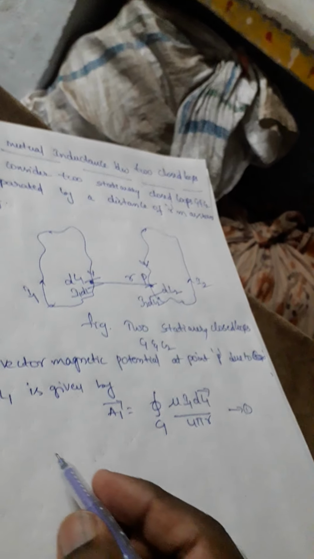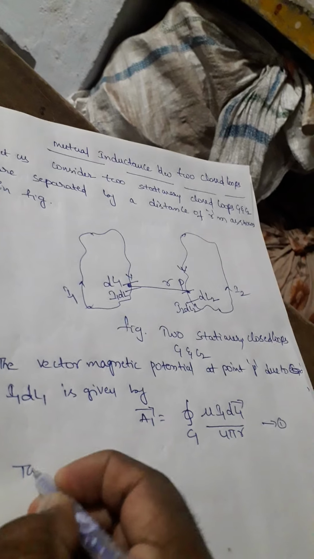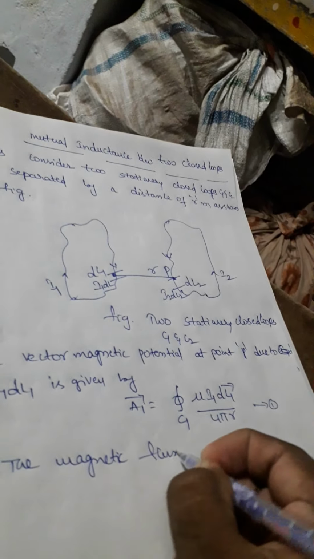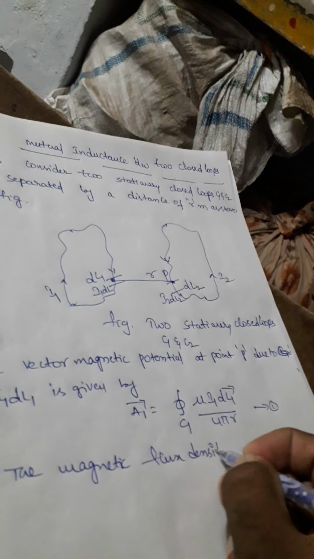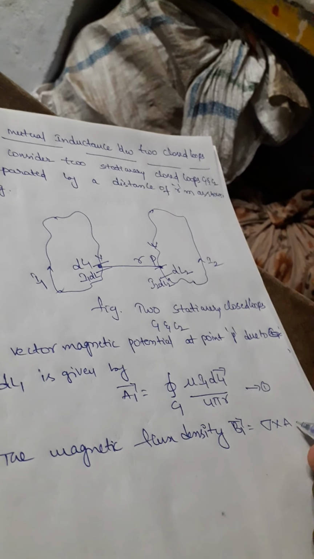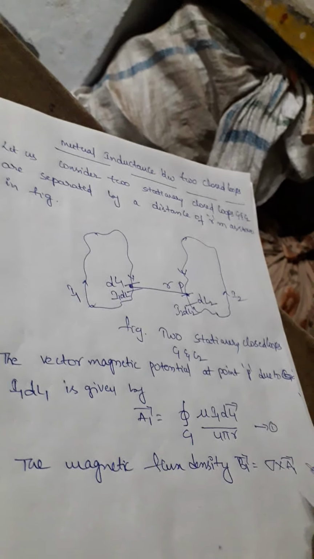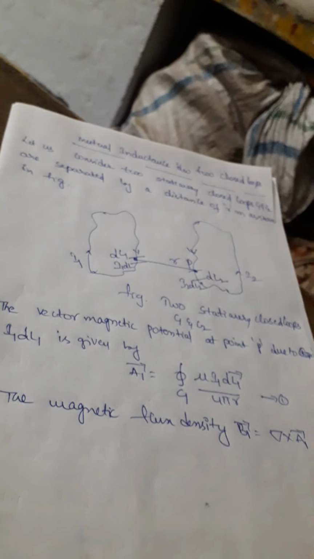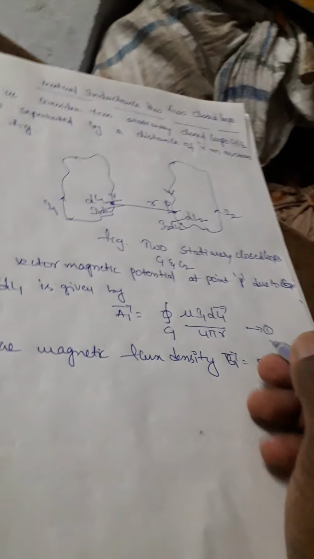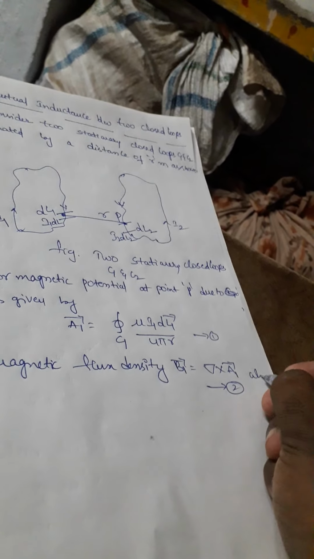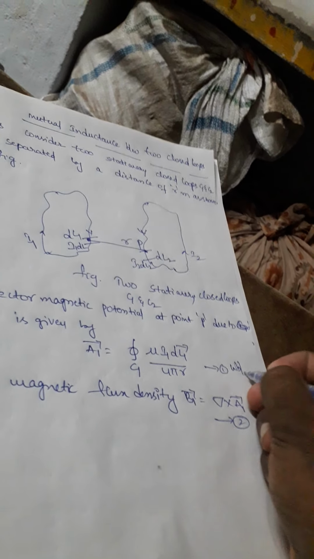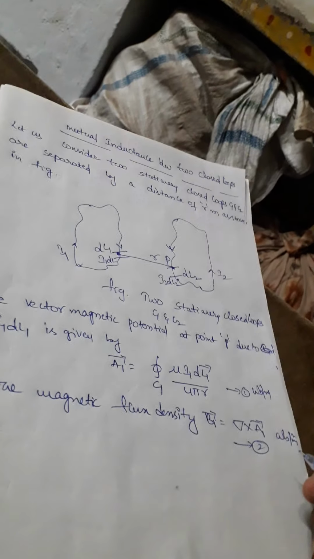Due to this vector magnetic potential A1 bar, the magnetic flux density B1 bar is, from the definition of vector magnetic potential, B1 bar is equal to curl of A1 bar, which is in Weber per meter square.